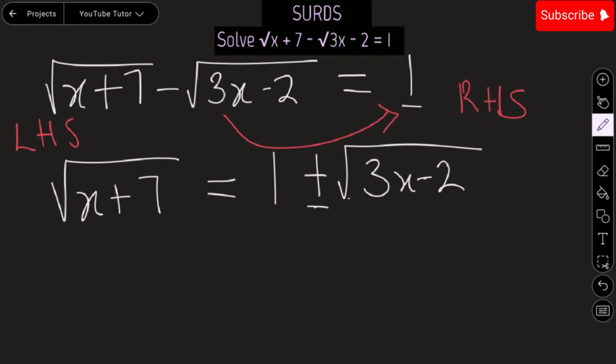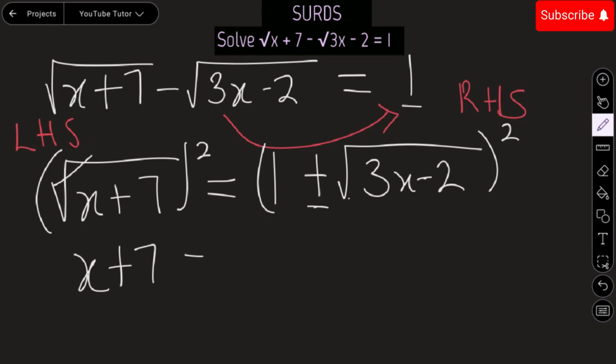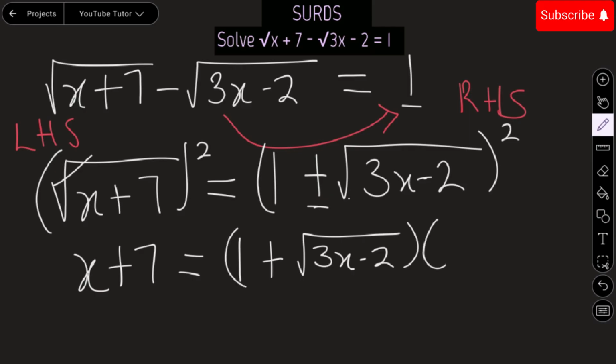Moving on, we have to square both sides of the equation to take off the root from here. Now we are left with x plus 7 equal to 1 plus square root of 3x minus 2 times itself.